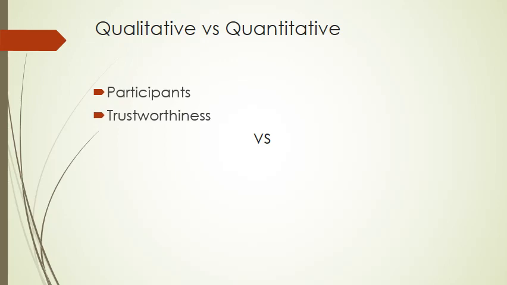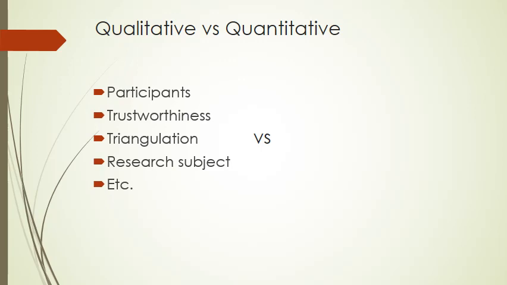We start from the qualitative terms first. There are participant, trustworthiness, triangulation, research subject, and so on and so forth. But in quantitative research, participants are like sample and population. But actually, those two terms refer to one reality, one referent.